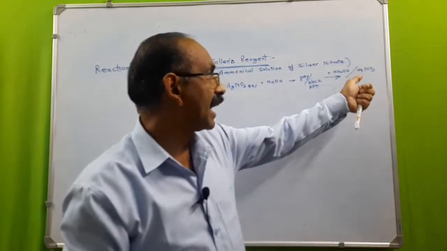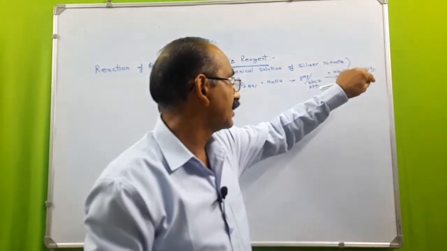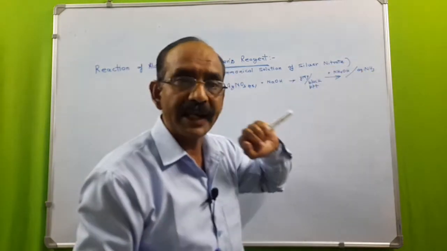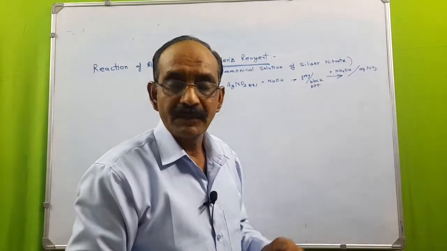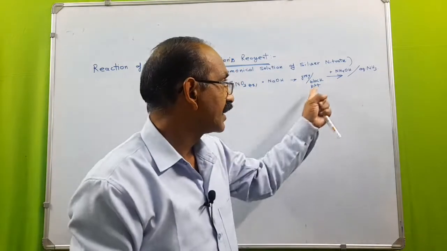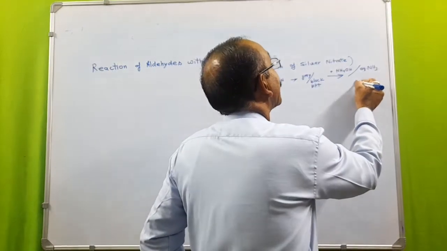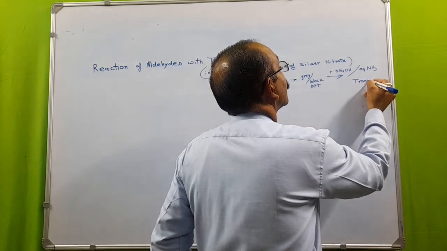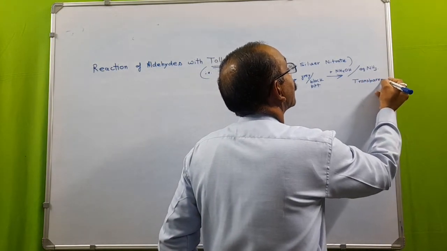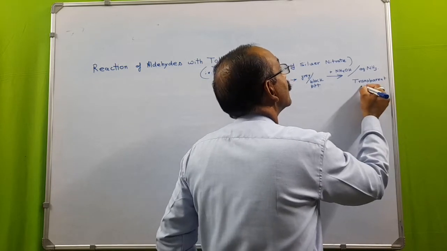So when you will add aqueous ammonia or NH4OH, the precipitate will get dissolved and we will get a transparent solution.